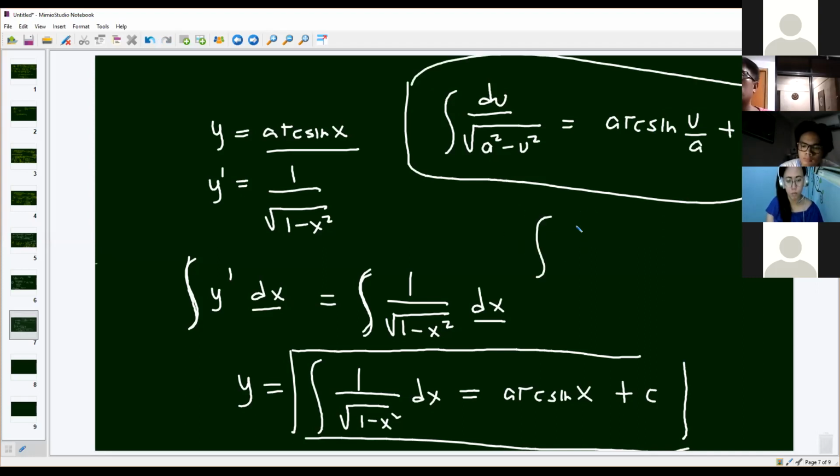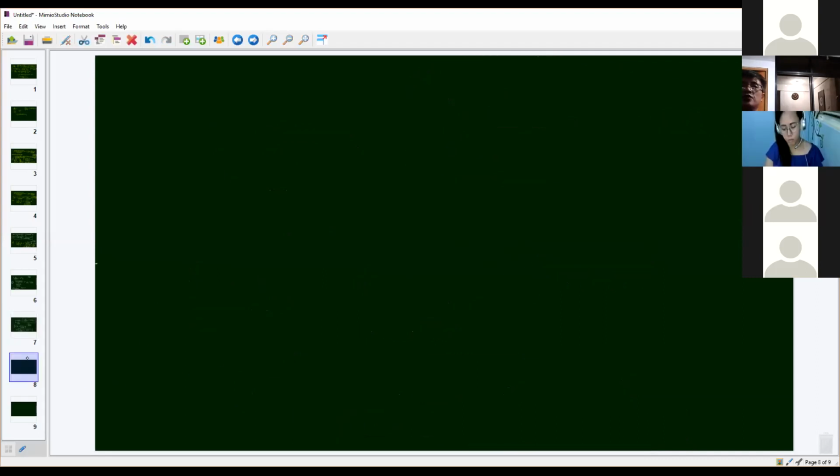Okay guys, an example to finish off our lesson today. Let's say you have this 9 minus x squared. What's this? The integral of du over square root of 9 minus x squared. It would have been nice if the problem were like this: the integral of x over square root of 9 minus x squared dx.